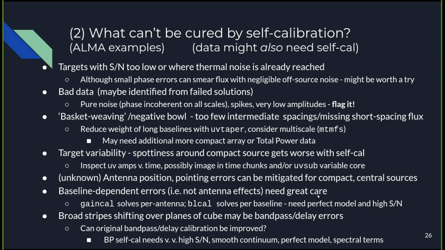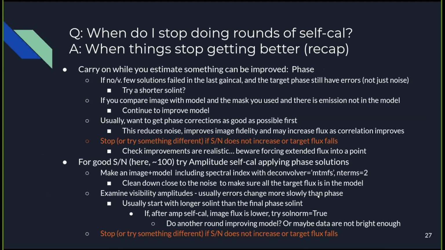When do you stop? Basically, you stop when nothing gets better. With phase, keep going, keep shortening the solution interval, as long as the diagnostics that we've discussed suggest that it's realistic to do that, or as long as you see the model for your image improving.